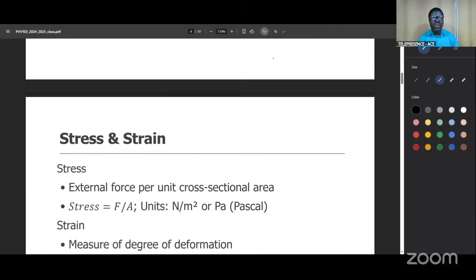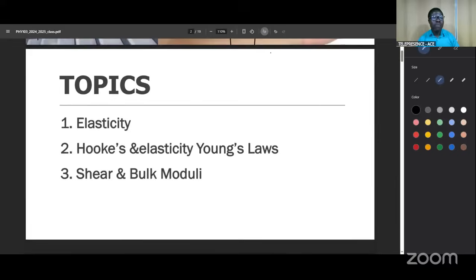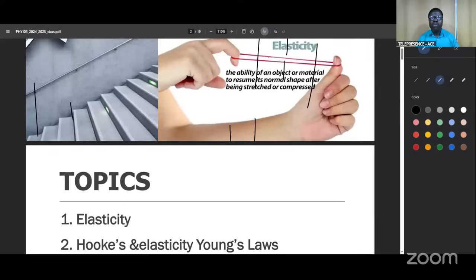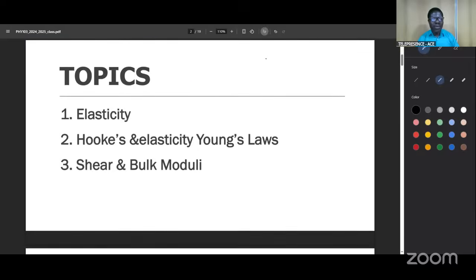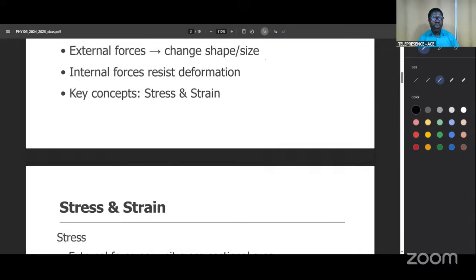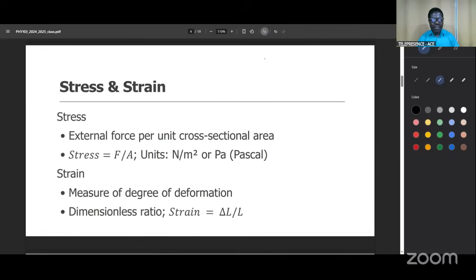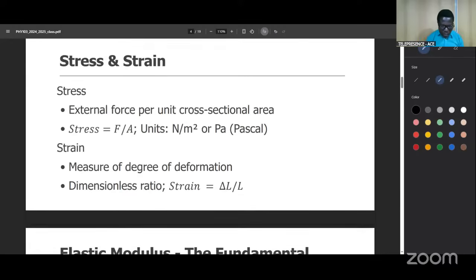So from the topic we have covered in these two slides, I would love for us to lay our hands on some examples. I throw a question to us: why does a woman's skin return to its original shape after being stretched?